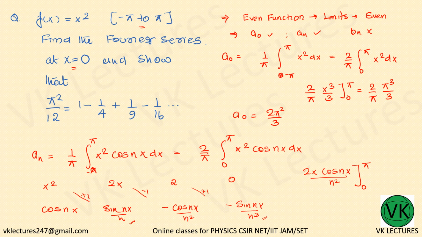And that gives us 2x, that is 2 times pi, 2 pi by n square, and cos n pi is minus 1 whole to the power n. So this is an, and we know bn is 0, bn does not exist.